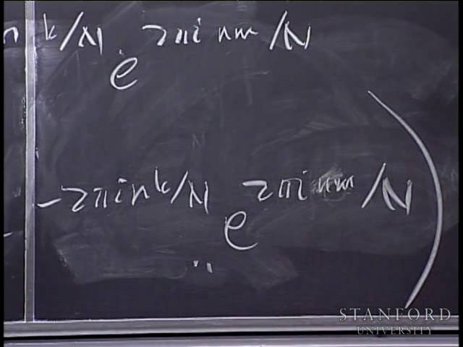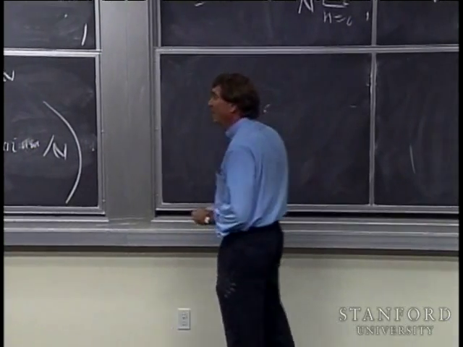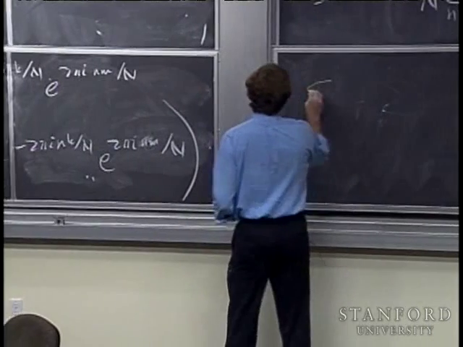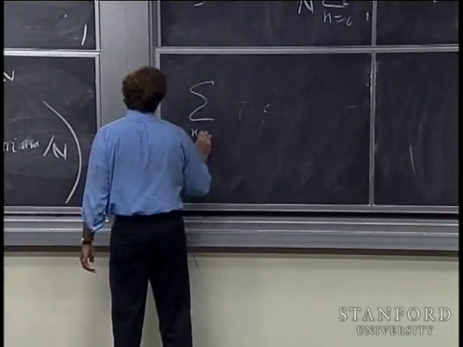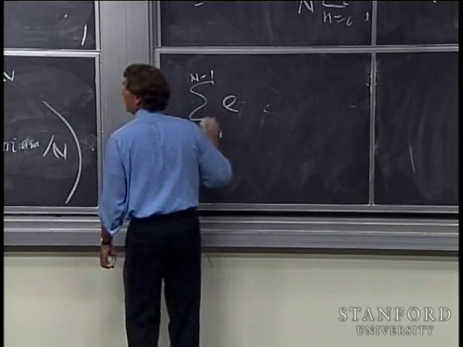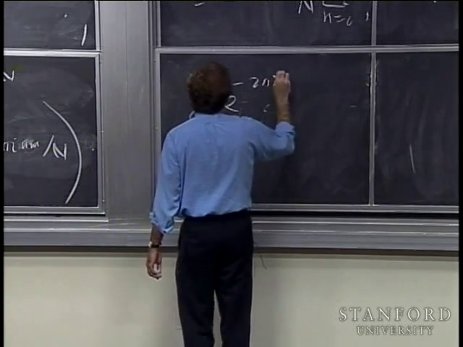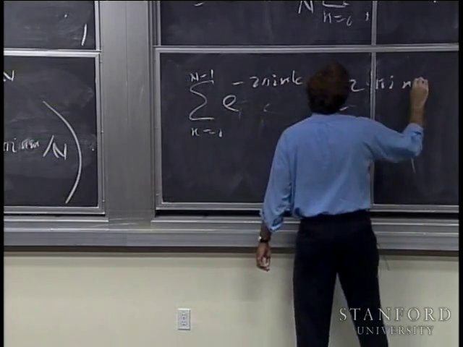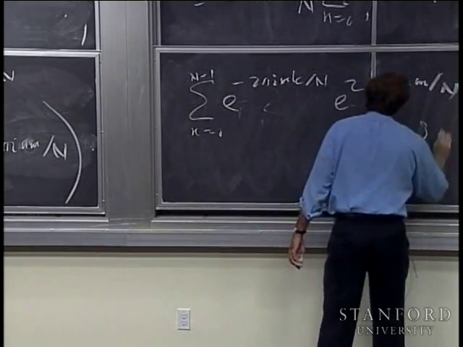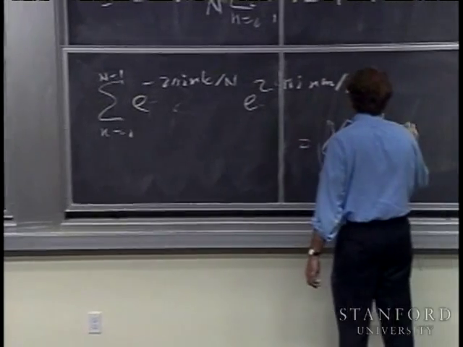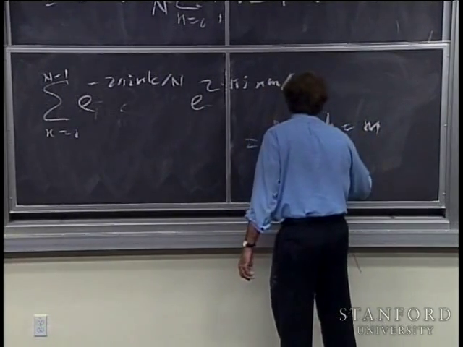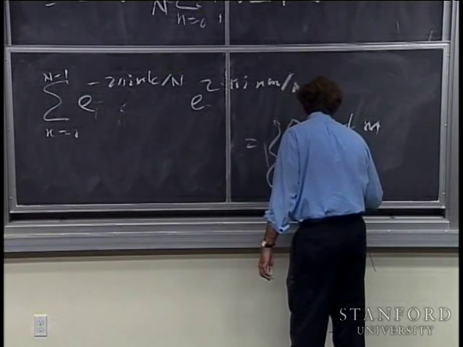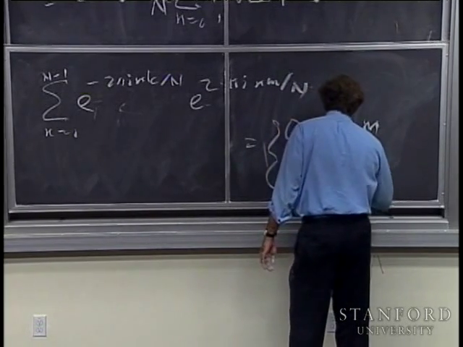And that is equal to 0 if m is different from k, or N if m is equal to k. So the sum from n equals 0 up to N minus 1 of e to the minus 2 pi i n k over N times e to the plus 2 pi i n m over N is equal to 0 if k is different from m, and equal to N if k is equal to m. Okay?